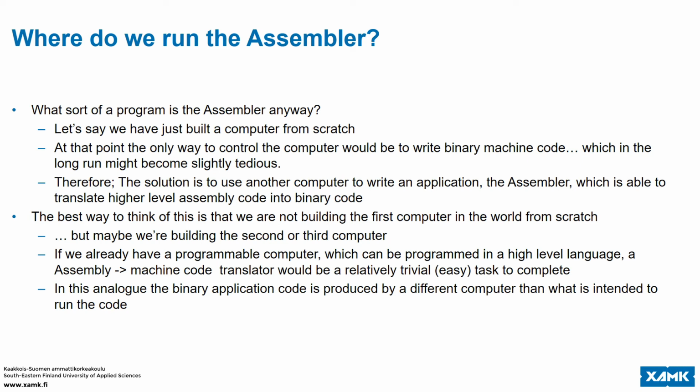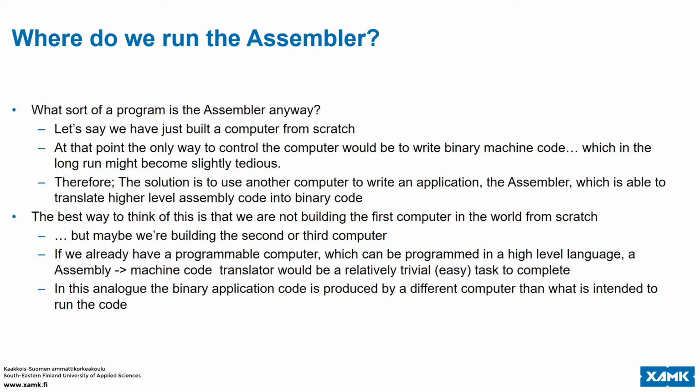So the best way to think of this is that we're not building the first computer in the world from scratch, but we are perhaps building the second or the third computer in the world. If we already have a programmable computer which can be programmed in a high-level language, then a translator from assembly to machine code would be an easy task to do.